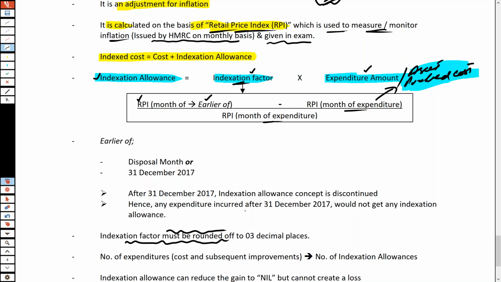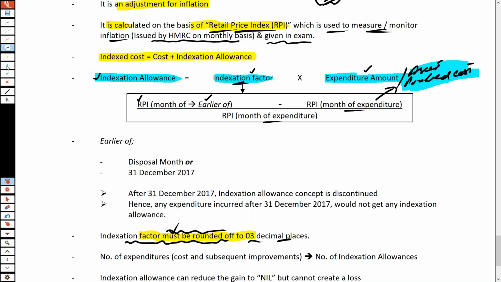By the way, we use round down when calculating the car benefit CO2 emission percentage. But specifically for the indexation factor, it must be rounded off. According to the normal mathematics rule, we round it off to 3 decimal places.